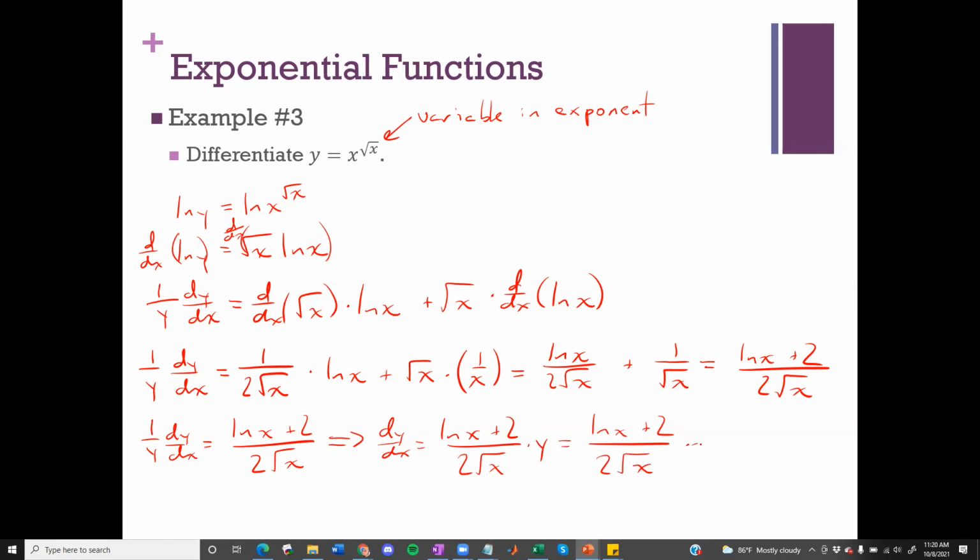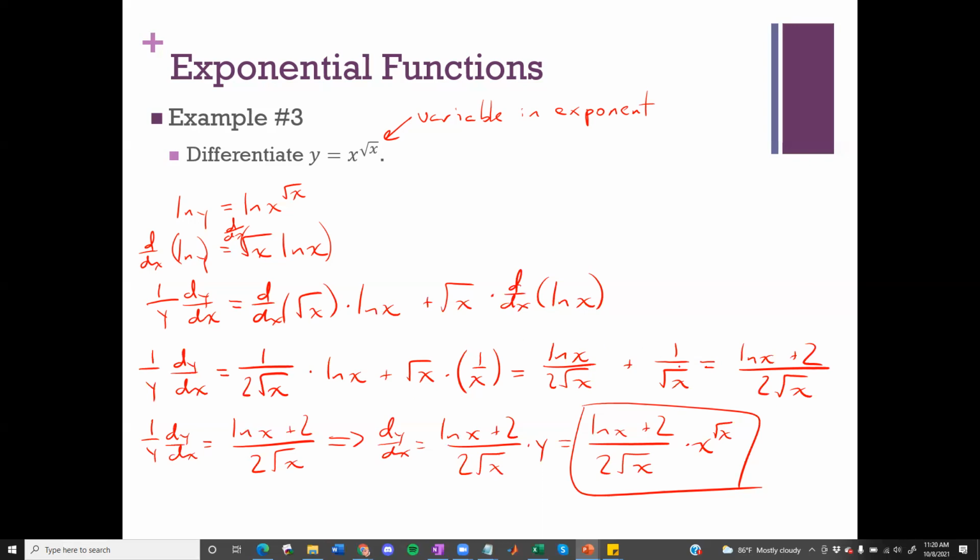Which is radical x. That's correct. Right.